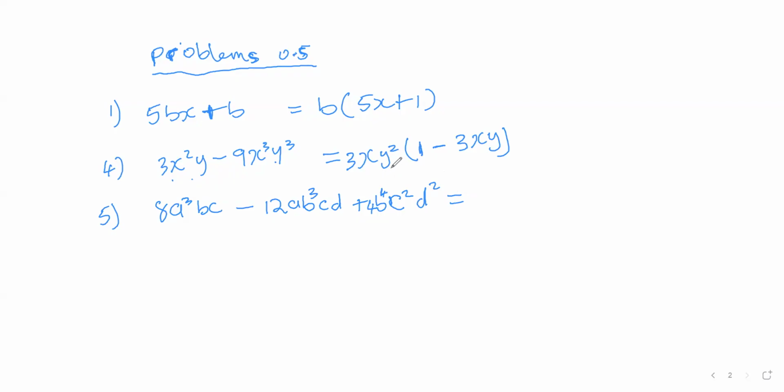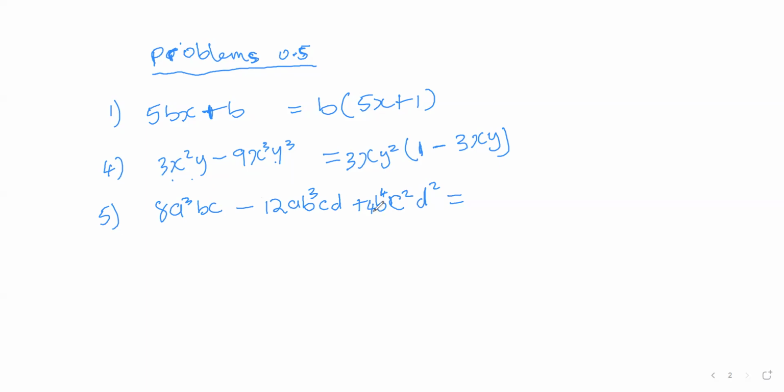So let's look out for common factors. So this one has a cubed, this one has a, this one has no a. Okay, so a is not necessarily a common factor. So this guy has got b, this guy has got b, and this guy has got b as well.